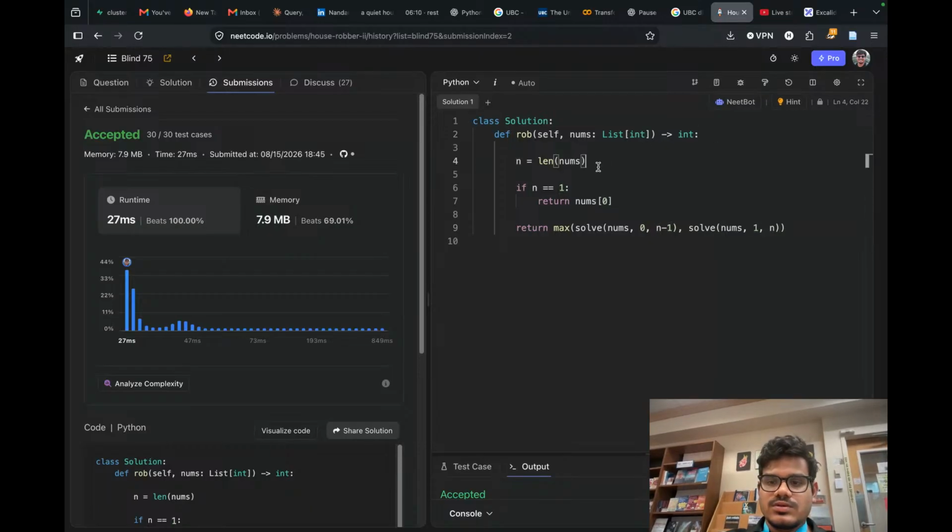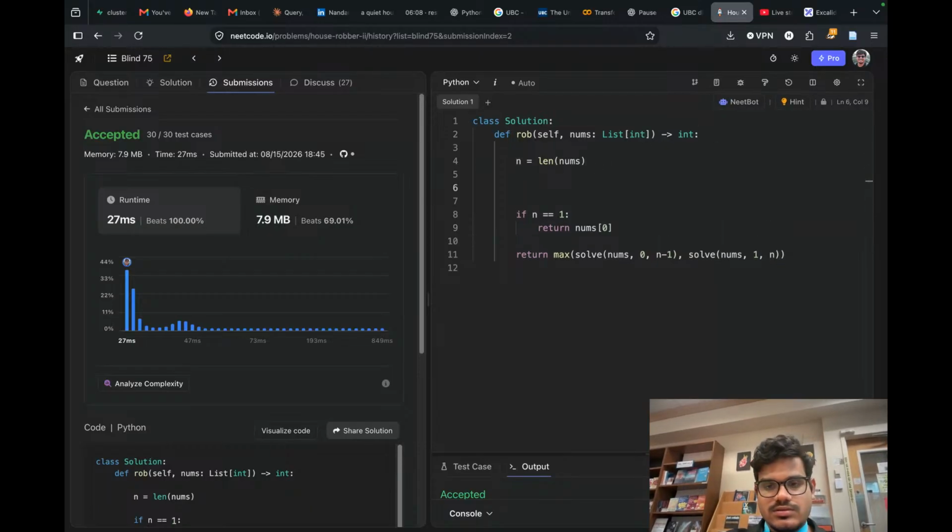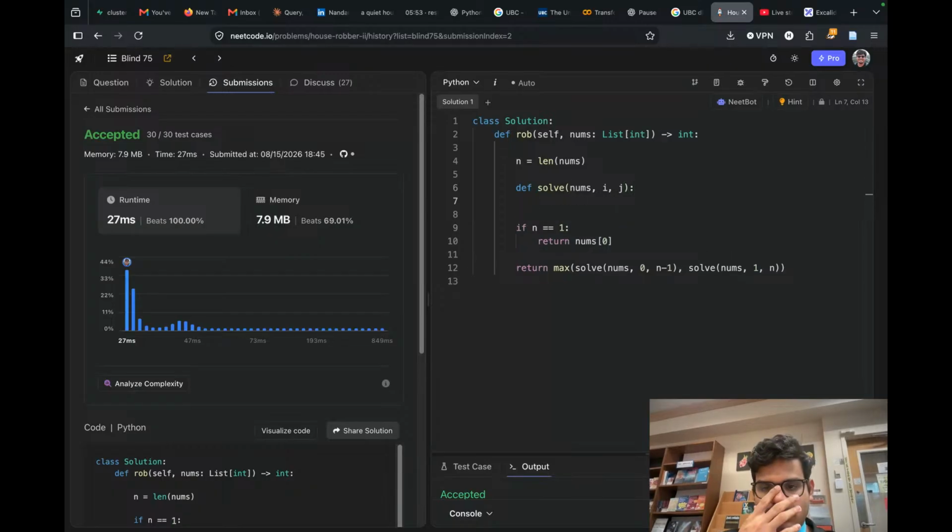So here it will be def solve, and the things that go here will be nums, i, and j, right?